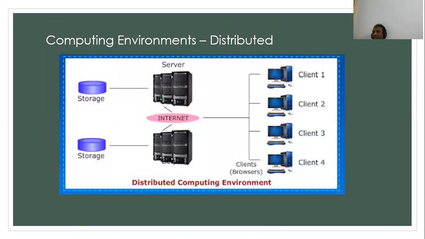Suppose I give a simple example for distributed. Normally I give this example for centralized and distributed wherever I go. Take a known example called Google. In Google, what is happening?